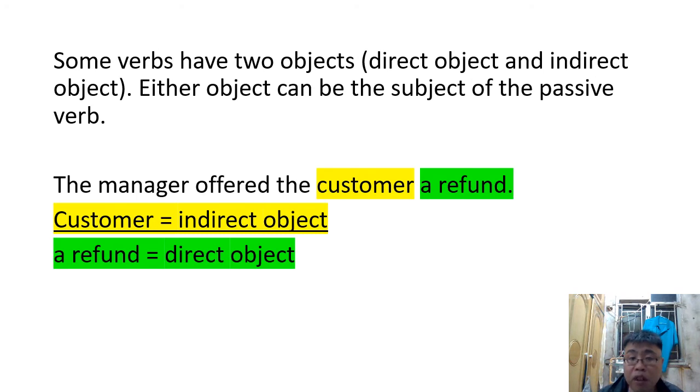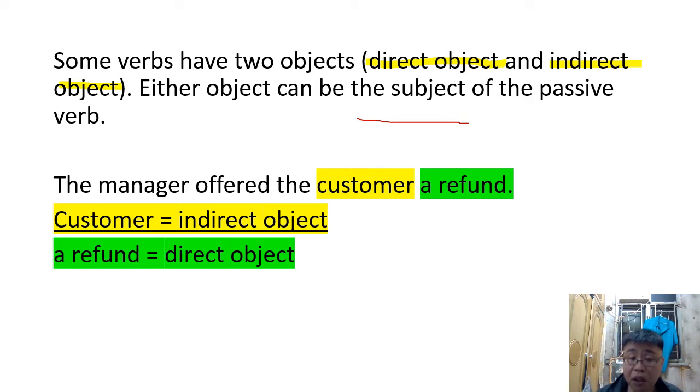Some verbs have two objects: direct object and indirect object. And each object can be the subject of the passive verb. What is direct object and what is indirect object? Let's look at this sentence.